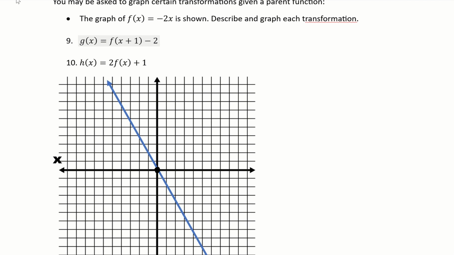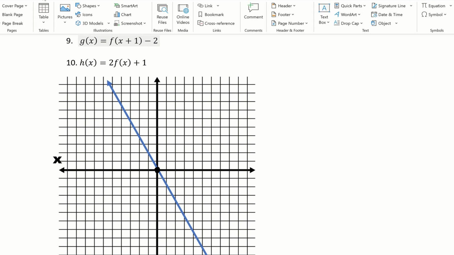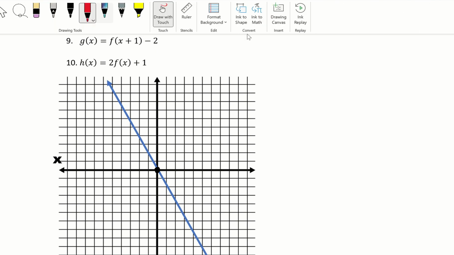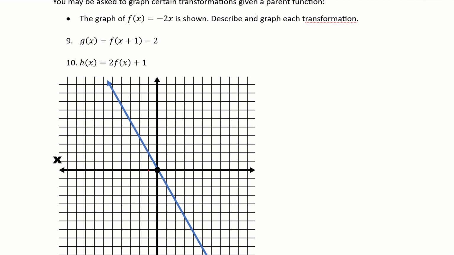So this goes through the origin. And then I can, from that point, go to the left by 1, and then down 2. How did I know to do that? This tells me to go left 1. This tells me to go down 2. So I went left 1 and down 2.